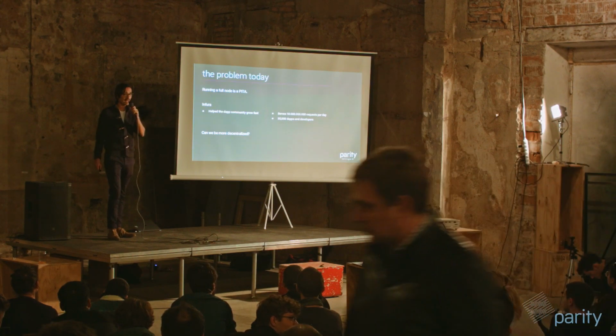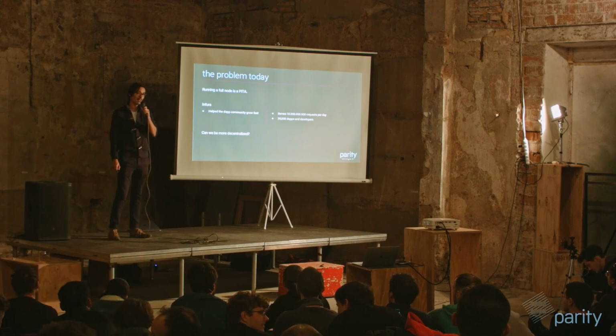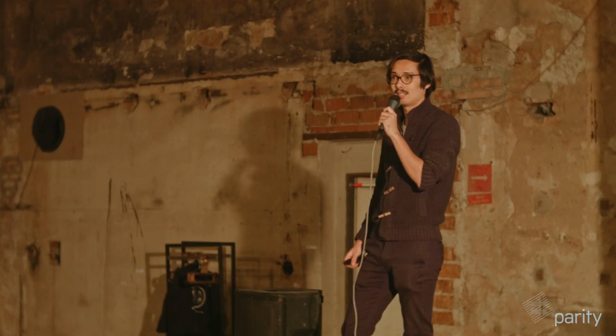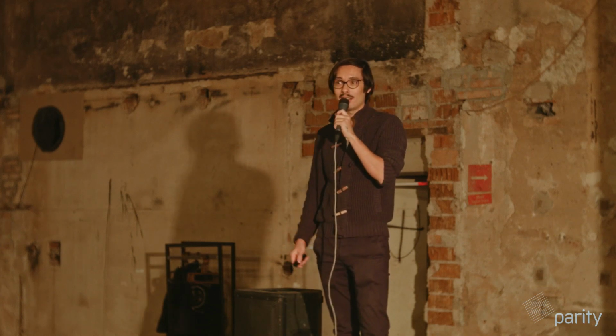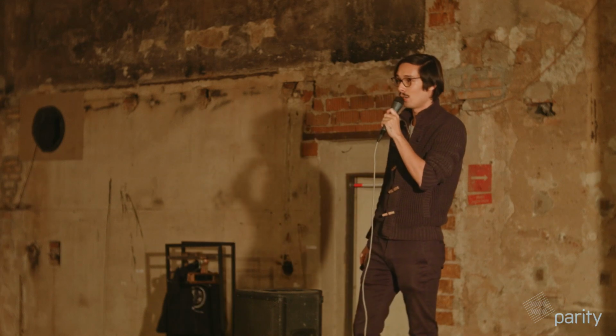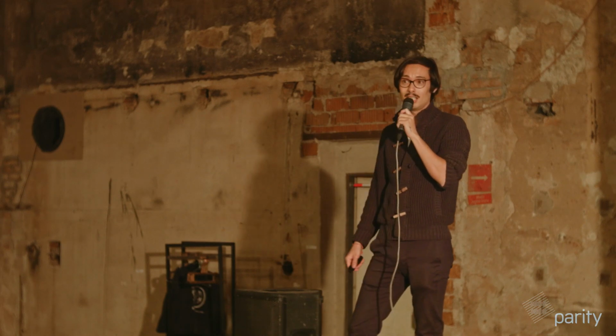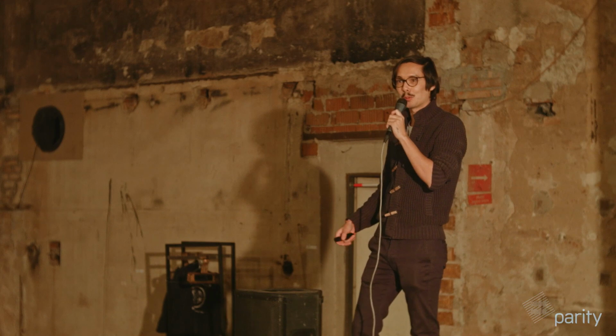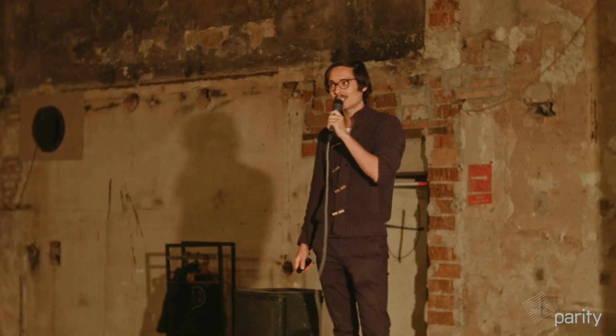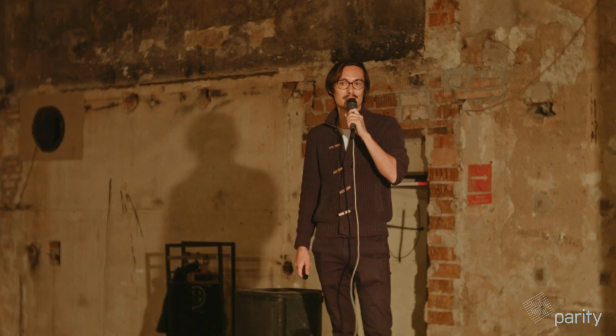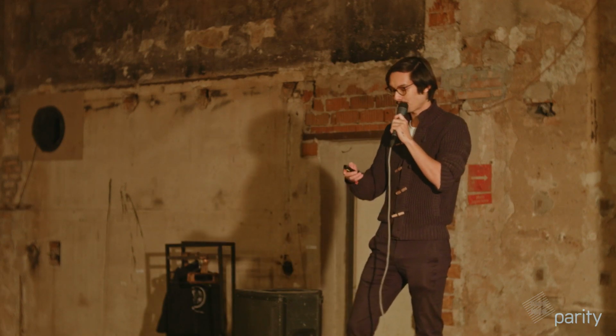And 35,000 dApps and developers are using Infura as their backend infrastructure. So these are huge numbers, and Infura is running at scale. And when you think about it, it kind of defeats the whole purpose of decentralization. So can we do better? Can we be a bit more decentralized when it comes to dApps?